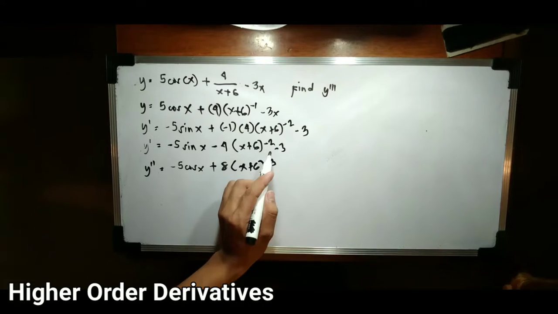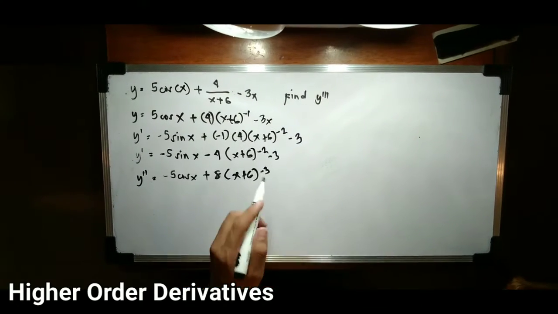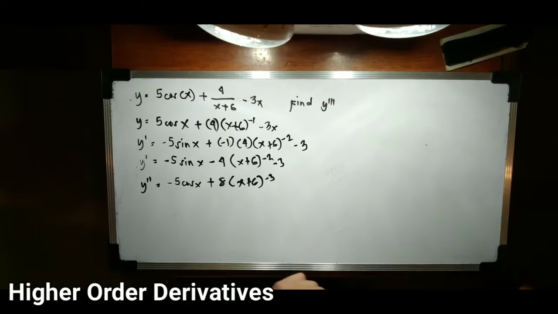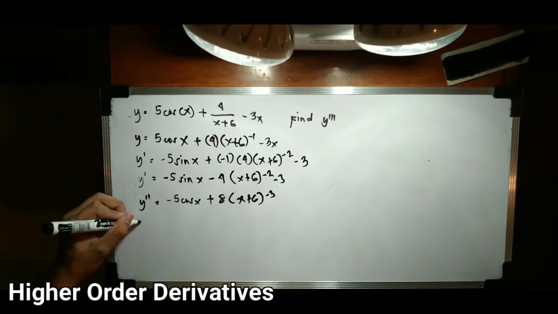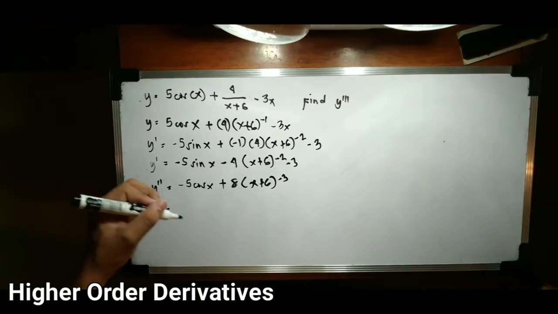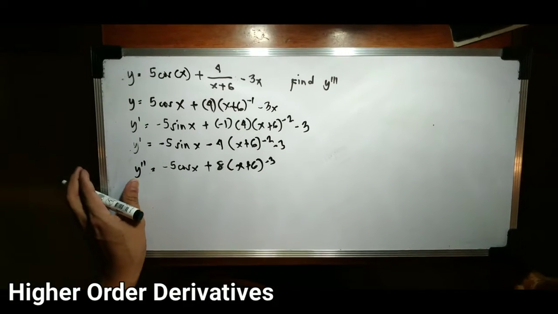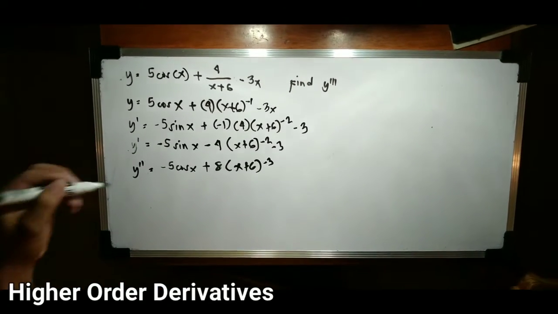Negative 3 due to the fact that negative 2 minus 1 is equal to negative 3. We will not simplify it because it is a simplified form already.